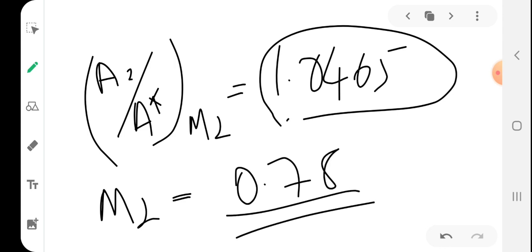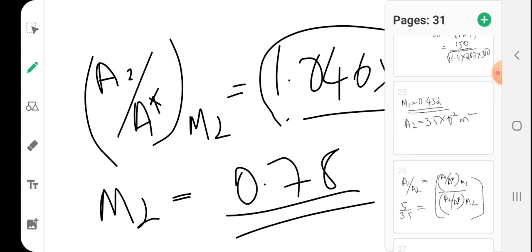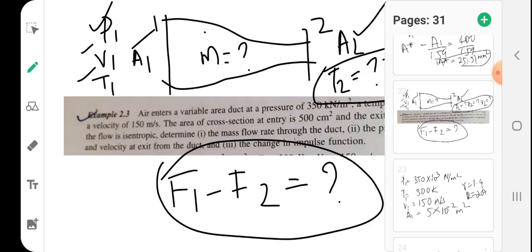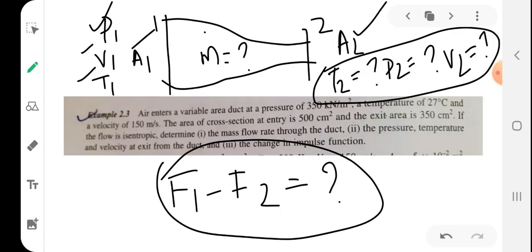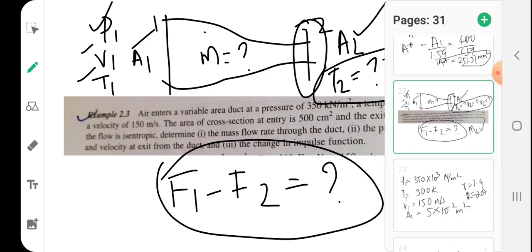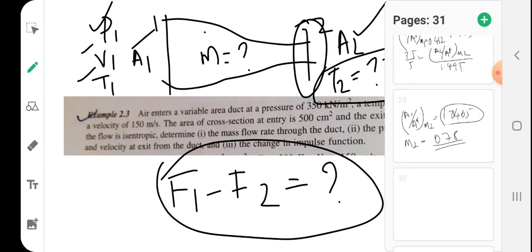So students, now you have got the value of Mach 2 at the second section. If you have got the value of Mach 2, then you can find the value of T2, P2, all the values. How to find?